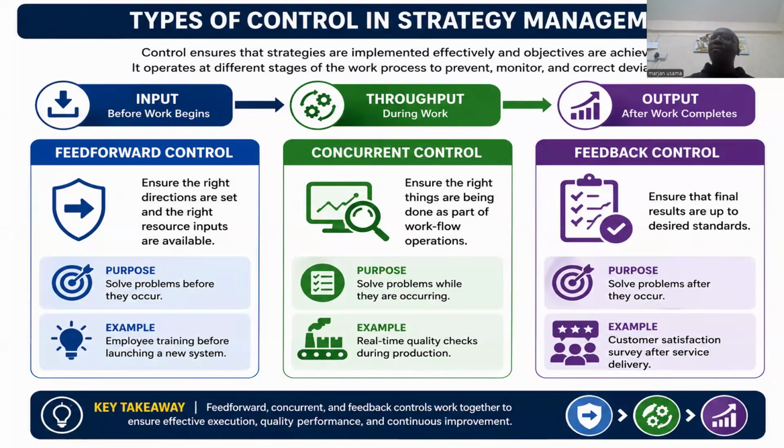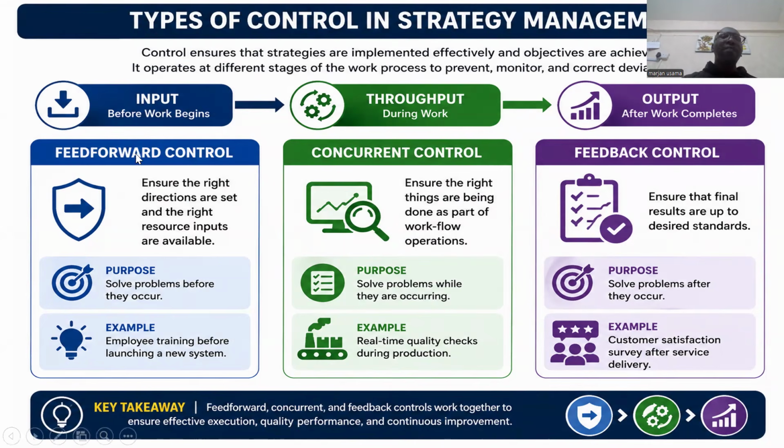Number 1, feed forward control. Number 2, concurrent control. Number 3, feedback control. All the organizations, the businesses, normally use 1 or 2. Sometimes they use 1, sometimes they use 2, sometimes they blend, mushakal. And that is the best practice, to use 3 of them together.